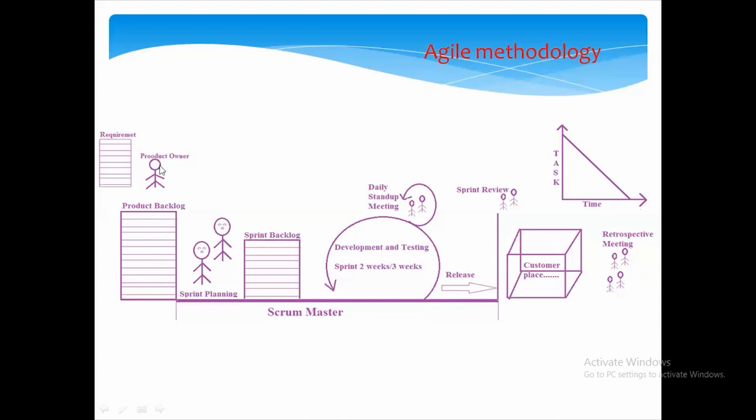And after getting all the requirements, here you can see the number of requirements. From this n number of requirements, the product owner will break down the requirements into parts. So that means he will get, say, 50 requirements. Out of 50 requirements, he will break them down into parts, and based on the priority, decide how many sprints we should take to give this product to the customer.